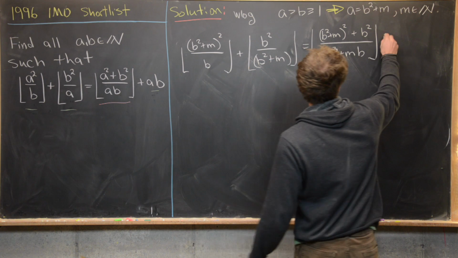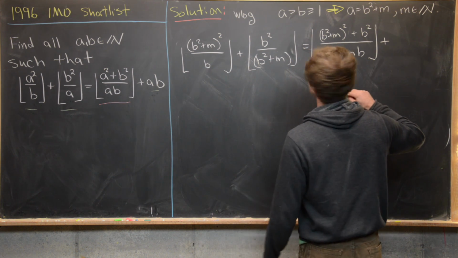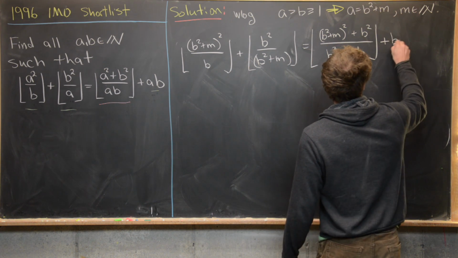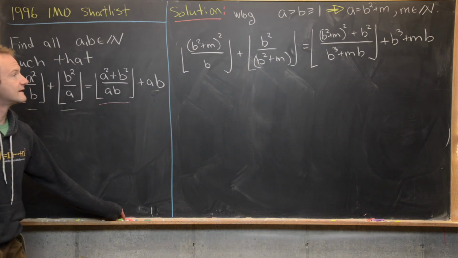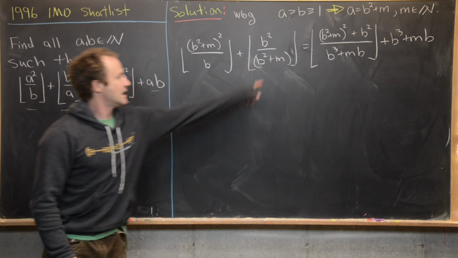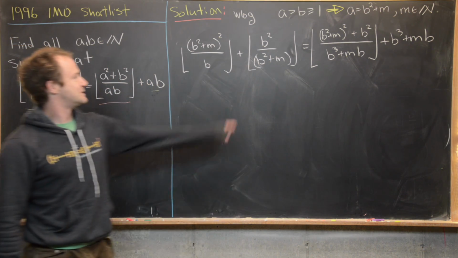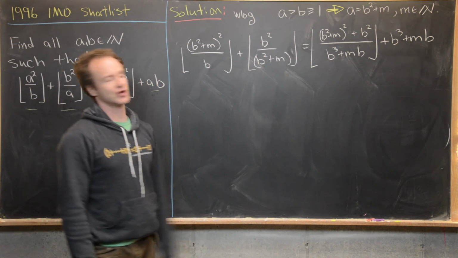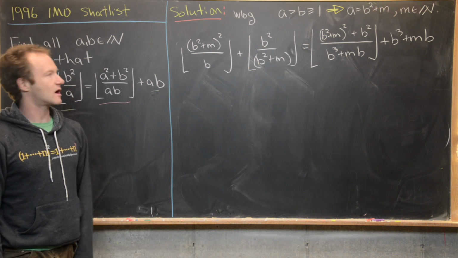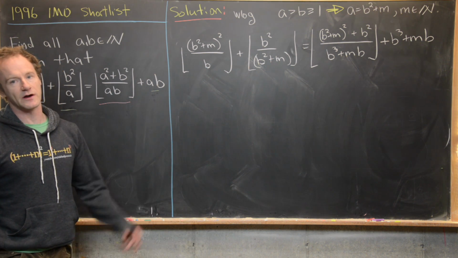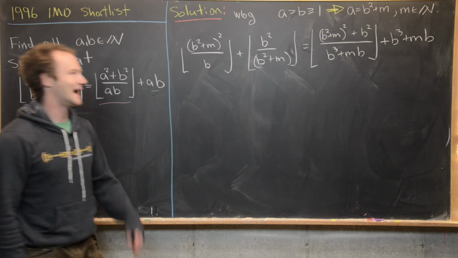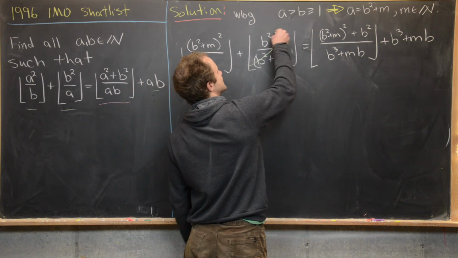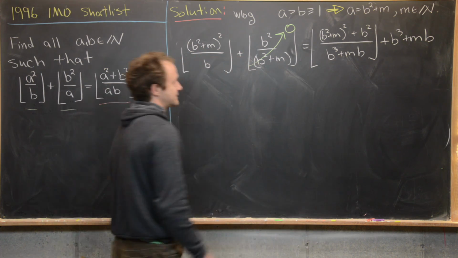And then we've got plus a times b, so that's going to be another b cubed plus mb. Okay, nice. Now, m is a natural number, which makes the denominator here larger than the numerator. Since the denominator is larger than the numerator, the interior of that floor is going to be between 0 and 1, not including 1, which tells us that this whole thing goes off to 0.